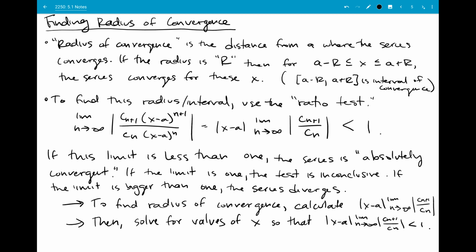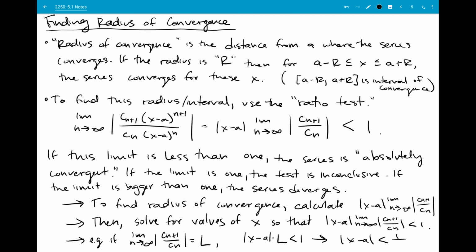So kind of what that's going to look like is, if you compute this limit and you get some number L, then what you want is just the absolute value of x minus a times L is less than 1. So that means you just want the absolute value of x minus a is less than 1 over L. And that right there is going to be your radius of convergence.